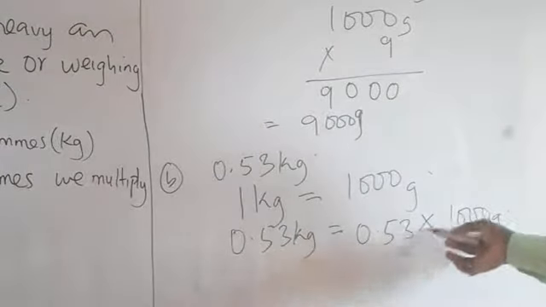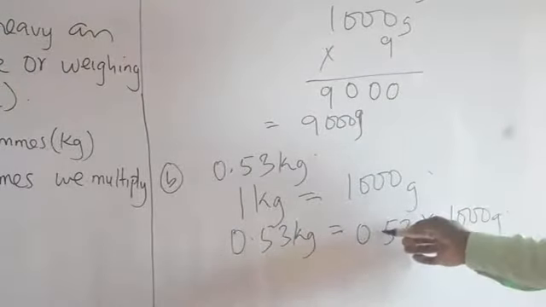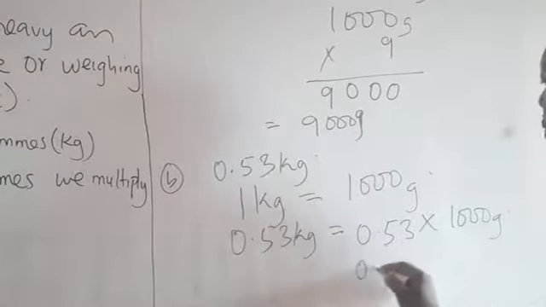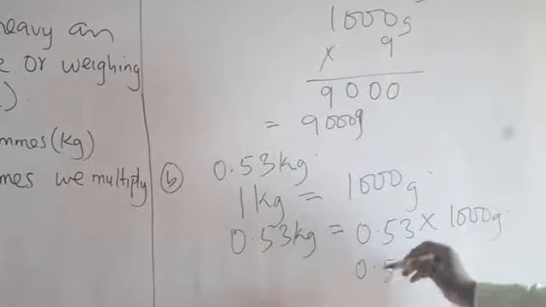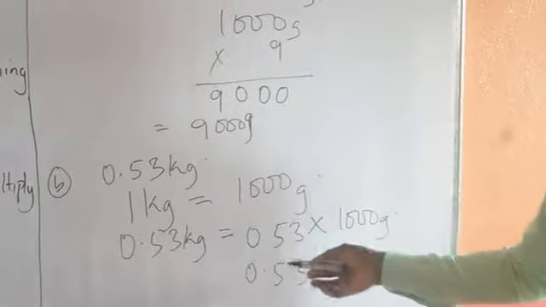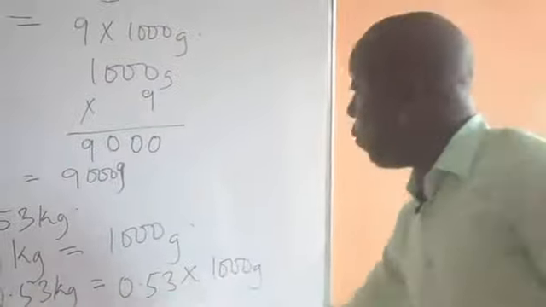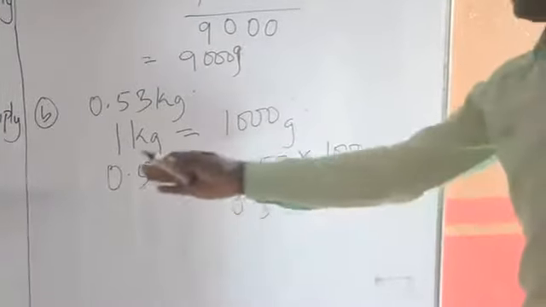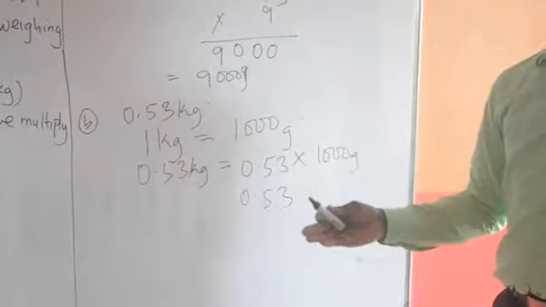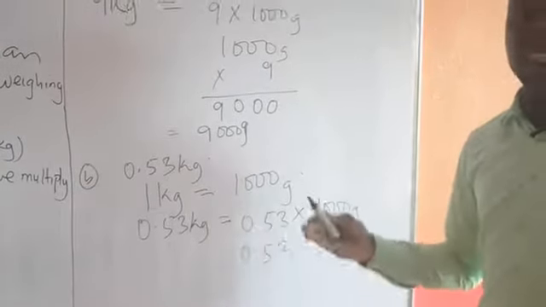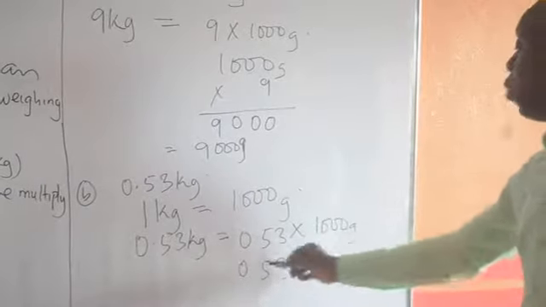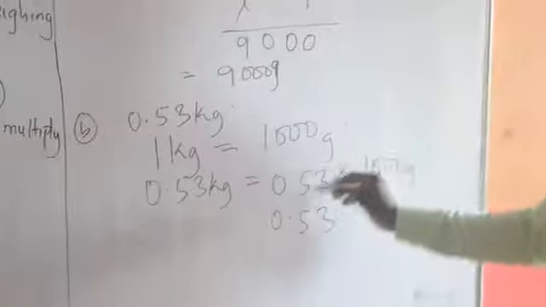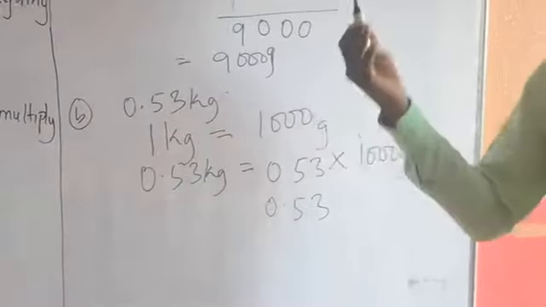Whenever we are multiplying by 1,000, we shift the decimal point 3 places forward. If we have to convert 0.53 kilogram to gram, we multiply 0.53 by 1,000. We shift the decimal point 3 places, because 1,000 has 3 zeros.